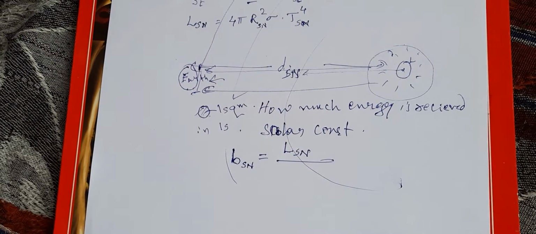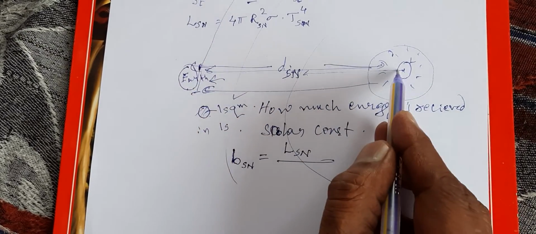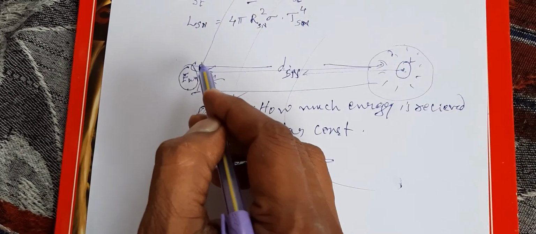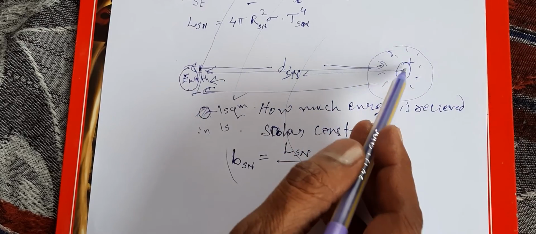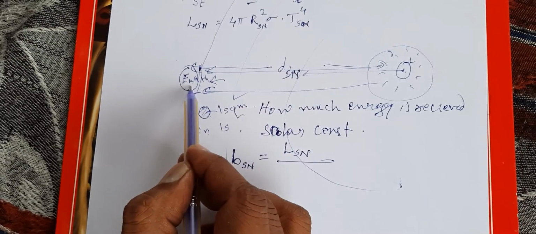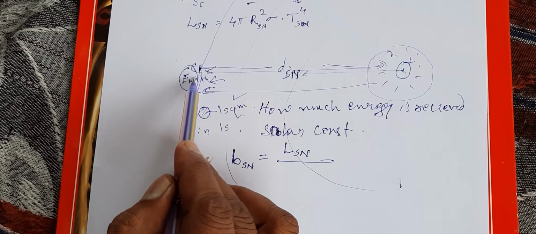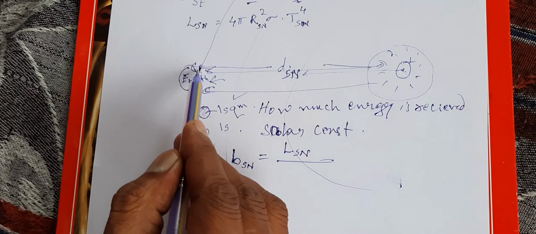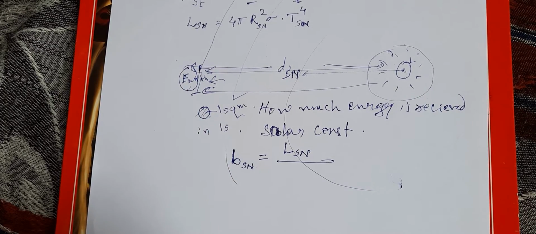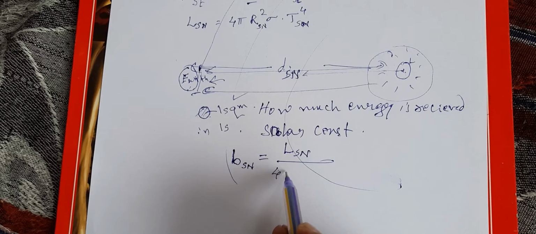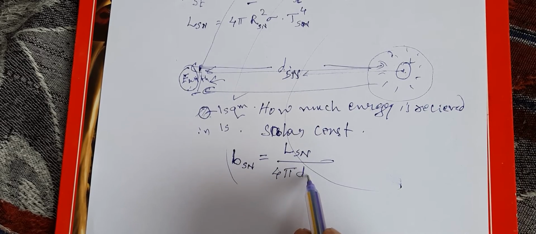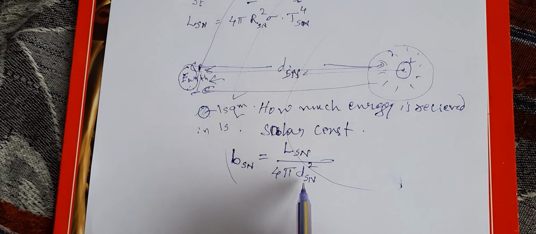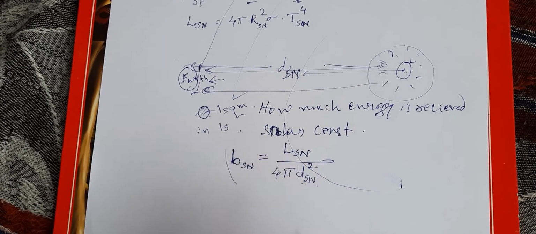This is D sun. This distance between the sun and earth forms the radius of the sphere which the radiation emitted reaches, meaning the earth's distance becomes the radius of the sphere. So this 1 square meter area is part of that spherical surface. That spherical surface area will be 4 pi D sun square, the distance between earth and sun squared.